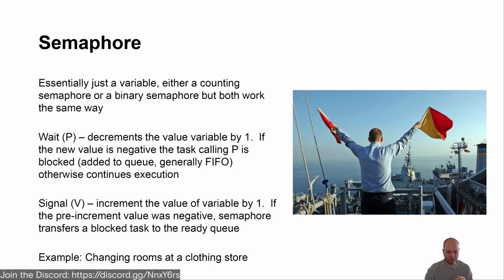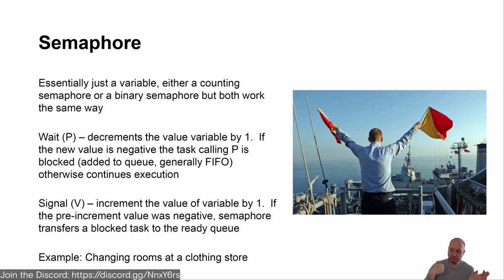So an example of this is changing rooms at a clothing store. Say a clothing store only has one changing room, and you have a queue of people that are waiting. They all show up at the same time, or at a similar time. One will get in, the first person that gets it. The 3 are kind of queuing.